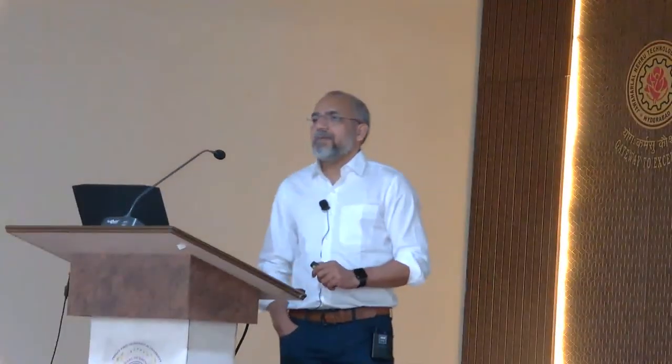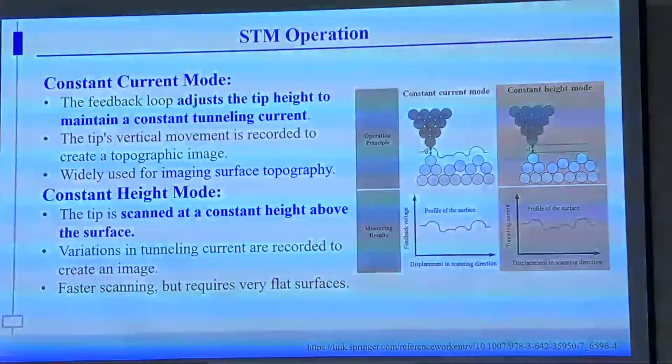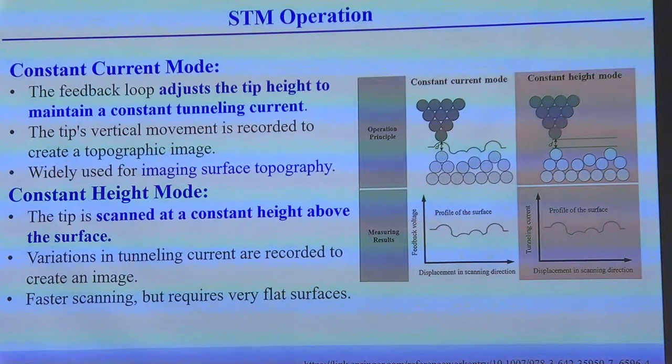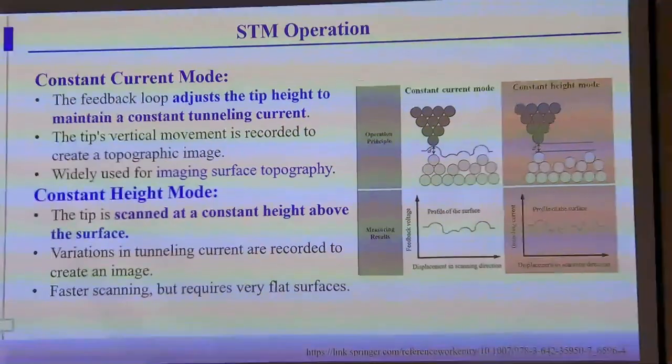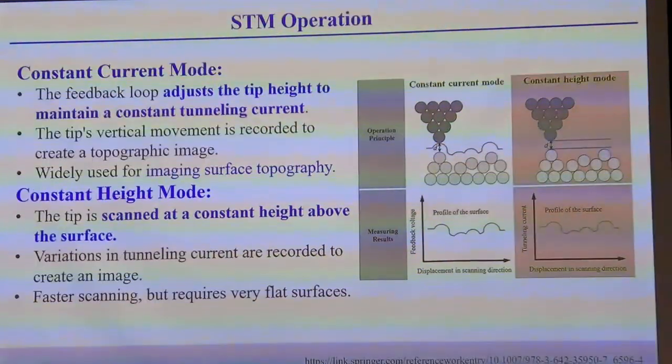There are two different modes. One is constant current mode. The second is constant height mode. In constant current mode, you maintain a constant tunneling current as you sweep the tip over the sample. In the second case, you keep a constant height when you scan the sample.